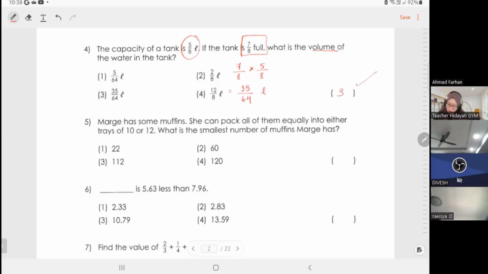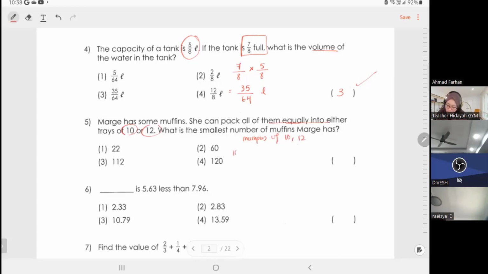Marge has some muffins. She can pack all of them equally into either trays of 10 or 12. What is the smallest number of muffins Marge has? When you have this kind of question, think about multiples, common multiples of 10 and 12. All right.